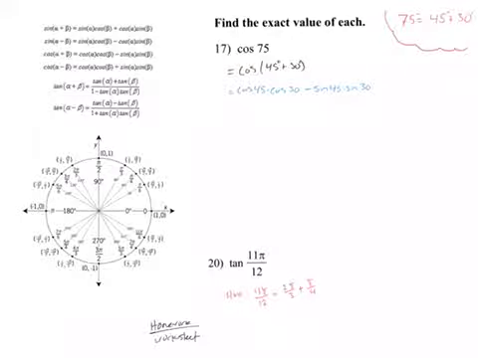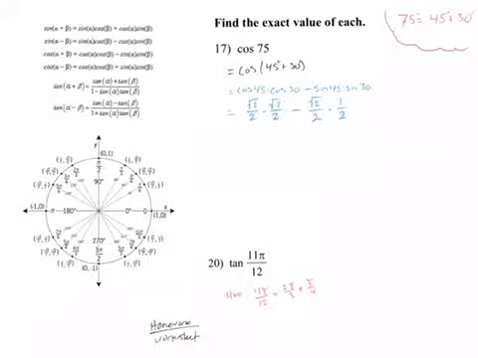Cosine of 45 degrees is square root of 2 over 2. Cosine of 30 degrees is the x value, so it's going to be the square root of 3 over 2, minus sine of 45, which is the square root of 2 over 2, multiplied by sine of 30, which is 1/2.